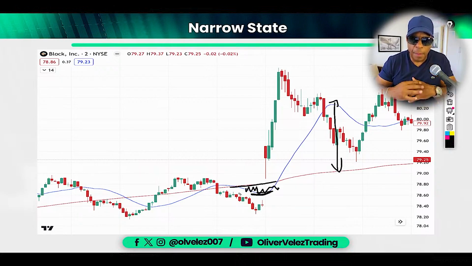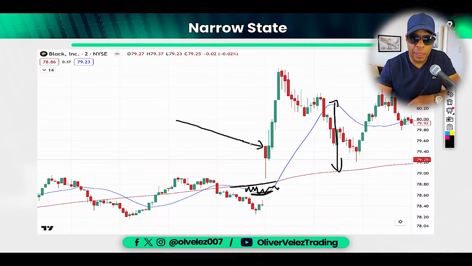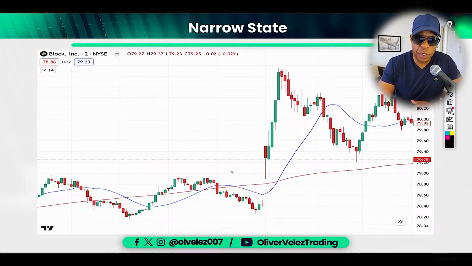This is the first bar of the morning, the first 2-minute bar of your morning of the open. You open above the narrow state. This is another power bar which we're going to talk about.